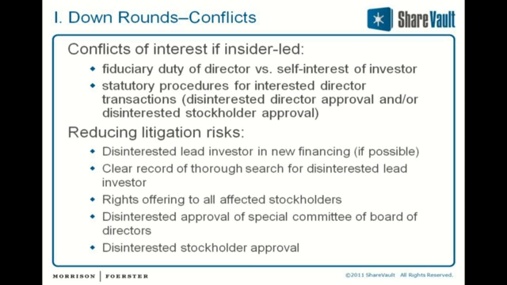A clear record of a thorough search for a disinterested investor, even if you're unsuccessful at finding one, is better than just raising money from insiders without going to the outside world. A rights offering to let all investors participate is helpful if you can do it under applicable securities laws. And then disinterested approval of a committee of your board or disinterested stockholder approval is also helpful at mitigating potential claims.